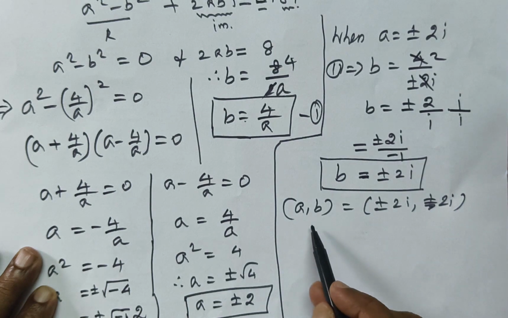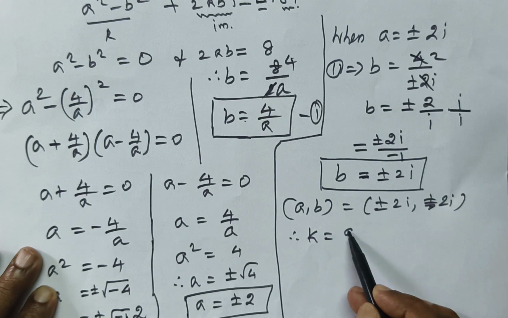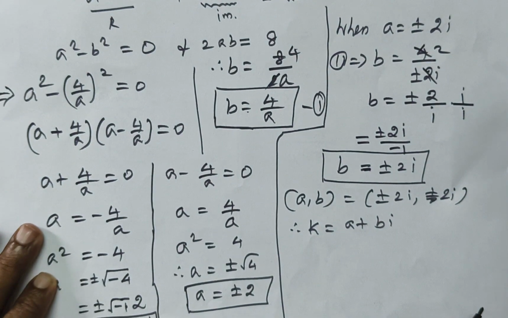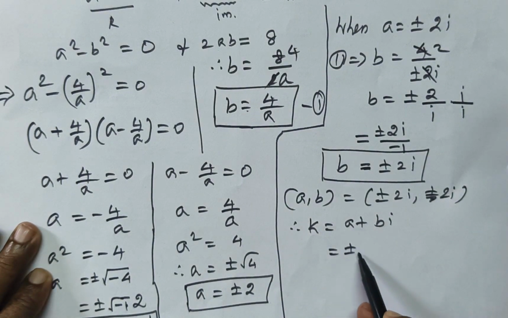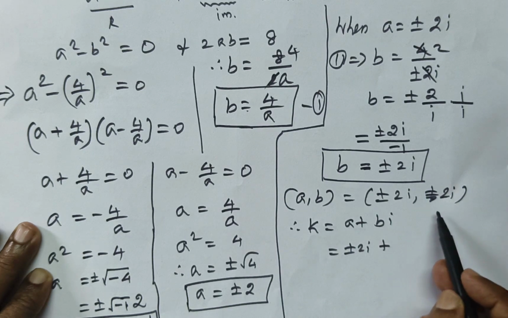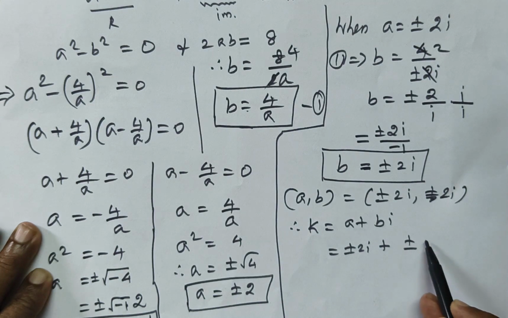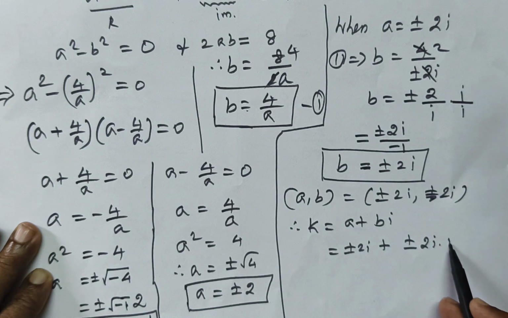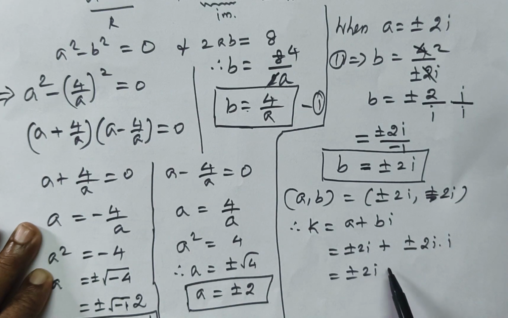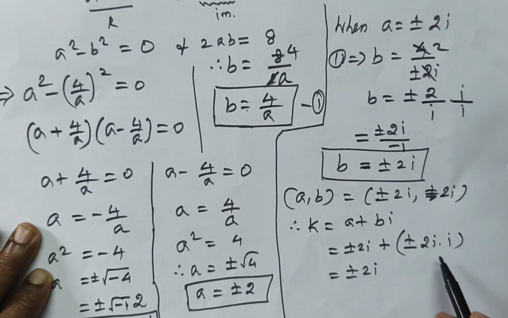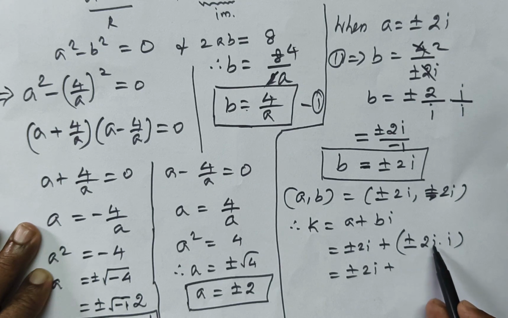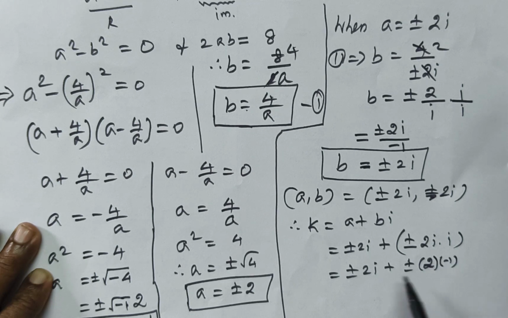Therefore, k is equal to a plus bi, which is plus or minus 2i plus, b is plus or minus 2i into this i, that is plus or minus 2i squared, i squared is minus 1, that is minus 2. 2 into minus 1 is plus or minus of minus 2.